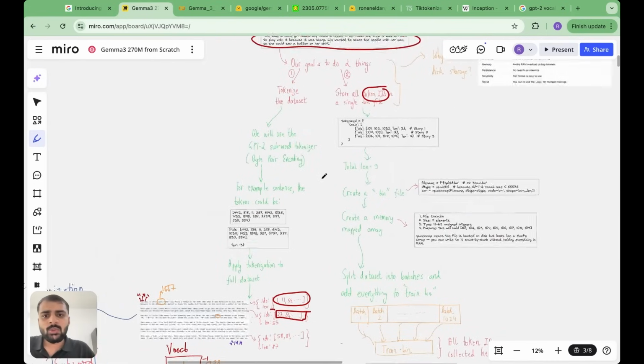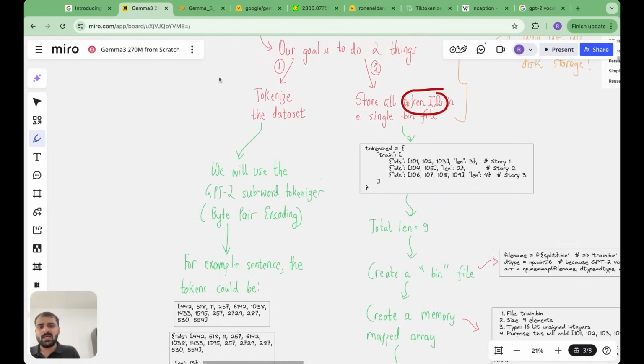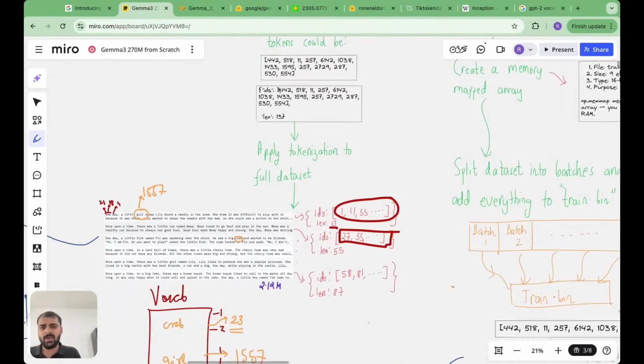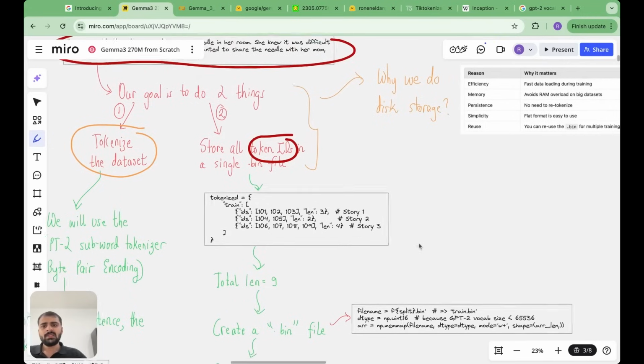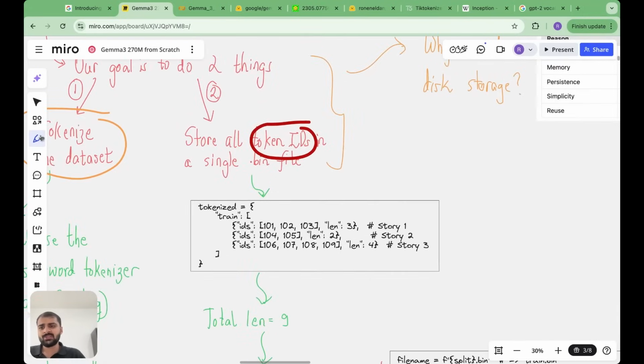Okay. So first part of this, I think we have understood that we are going to look at individual stories. We are going to convert every story into token IDs based on the subword tokenization scheme. So story 1 will have these token IDs, story 2 will have these token IDs, etc. Then I have to store these token IDs, right?